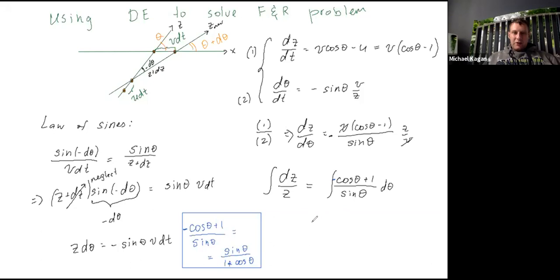But this is a really neat trick because it allows us to do the integral more simply. So we have sine theta over 1 plus cos theta d theta. But this integral is very easy to do, right?